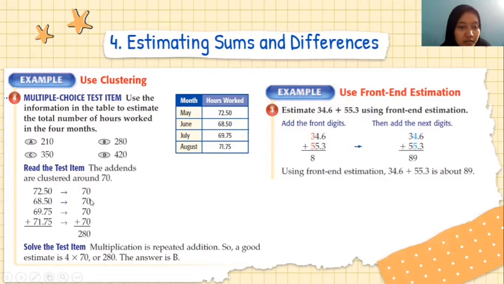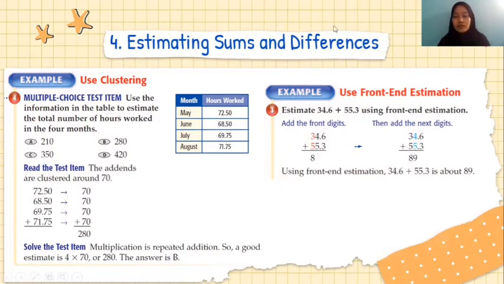So 70 times 4 is 280. So the solution: multiplication is repeated addition. So a good estimate is 4 times 70 or 280. So the answer is B.